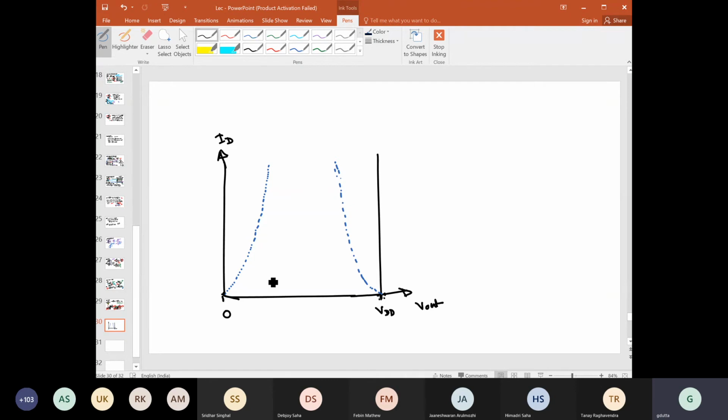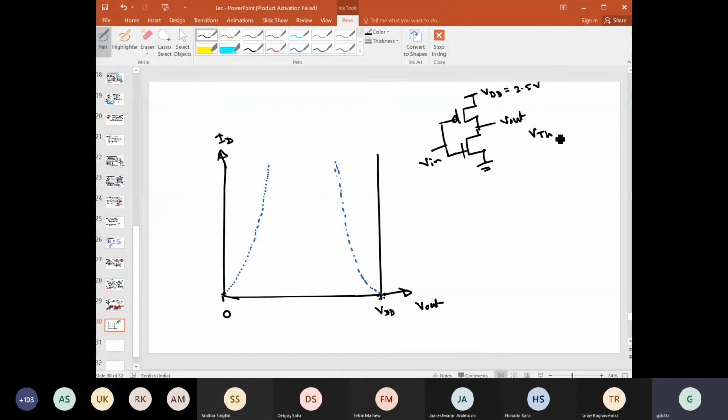Now we have to start plotting these characteristics. Okay, and suppose we have this configuration where the transistors, VDD and all these things are like this. VDD is 2.5 volt. This is grounded. This is V out, and this is V in.